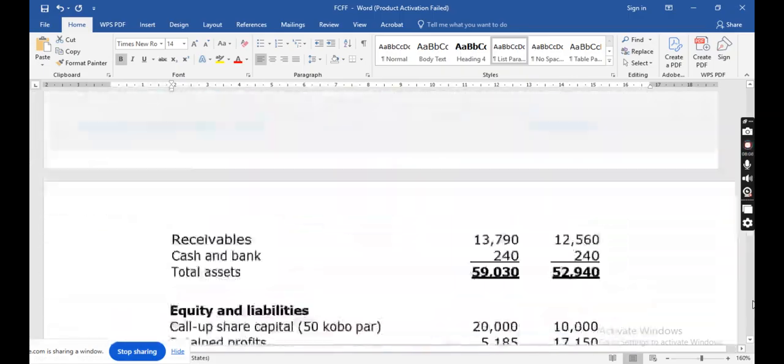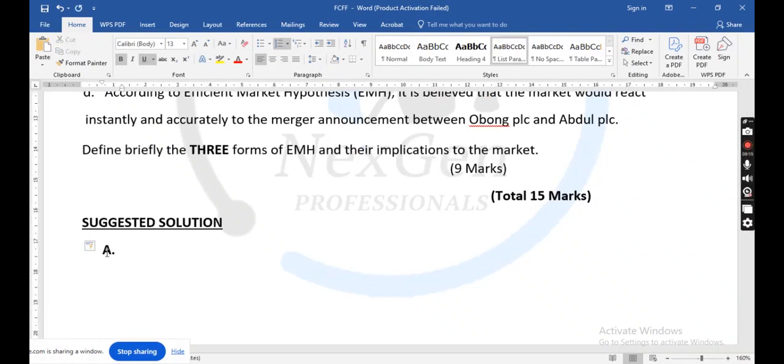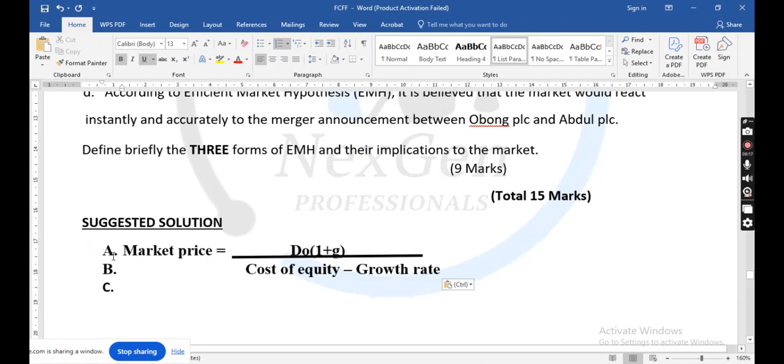and we bring it down. So this is the market price. The market price equals D0.